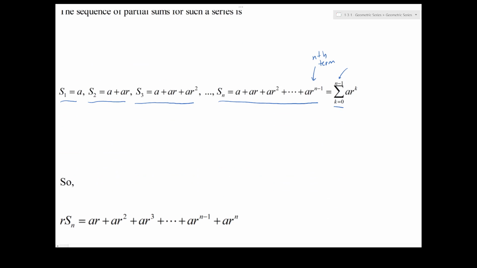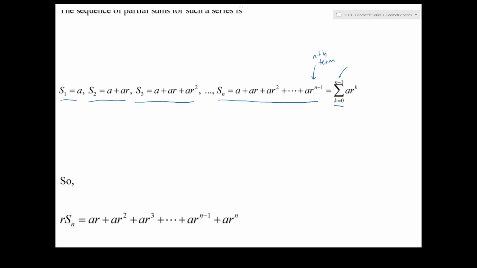So, you might be wondering why we're doing this for a second, but just check it. If I multiply S of n, the nth partial sum, by r, then I'm going to get all terms multiplied by r. So the first term is going to become ar, second term ar squared, third term ar cubed, and so on and so on. And nice about this is now it will end at ar to the n.